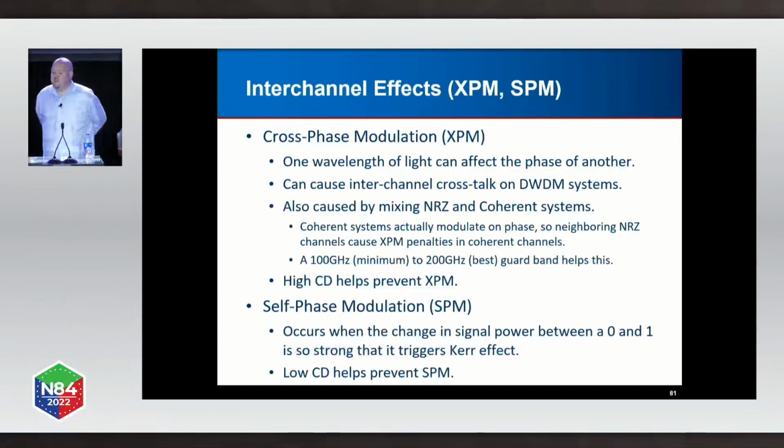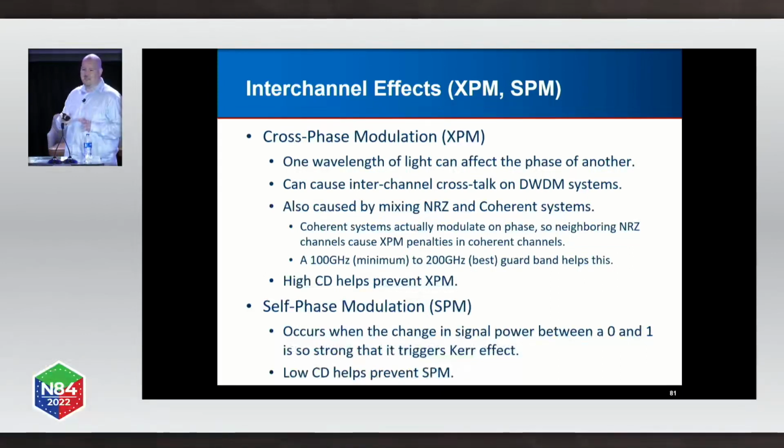So cross-phase modulation is what happens when one wavelength of light affects the phase of another. I probably should reorder this, so I talked about phase earlier, but in an NRZ system, so a very classic brighter dim, we don't care about phase.